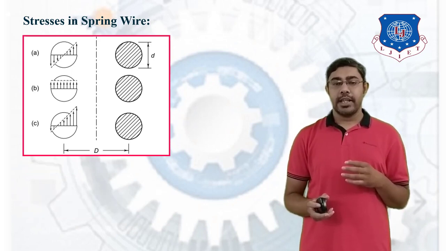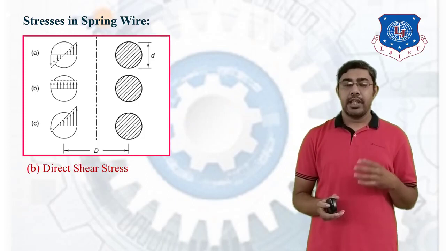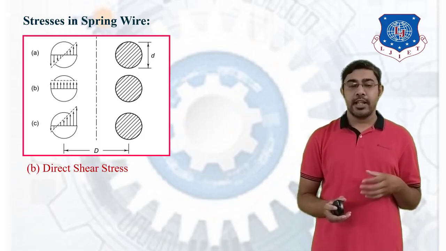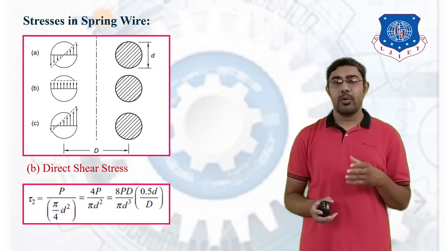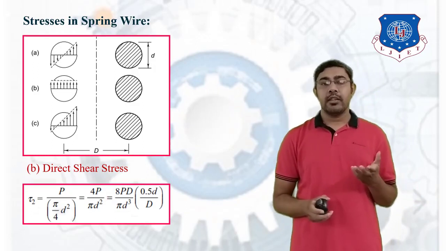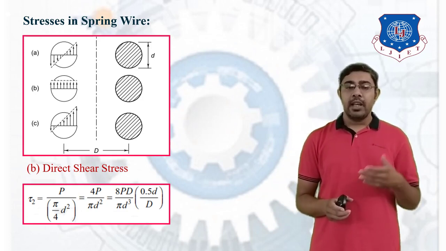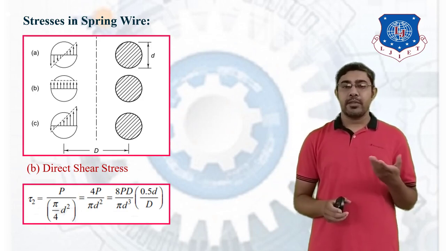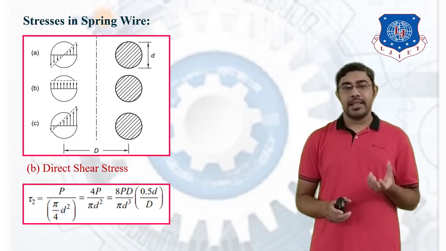Now consider case B, that is the direct shear stress. Here direct shear stress tau 2 is equal to P divided by pi by 4 d square. As we know, the direct shear stress is equal to force divided by cross-section area, and here the force P is applied, so we place P divided by pi by 4 d square. Pi by 4 d square is the cross section of the wire.